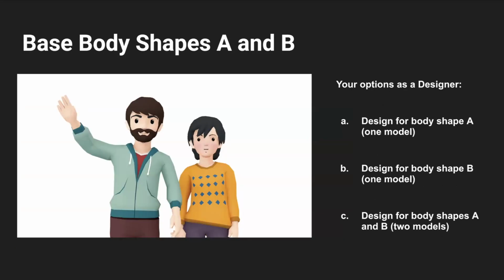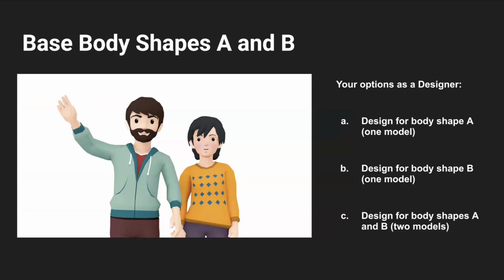So let's have a look at what that means for you as a designer. We talked about how the body works and how it is like different Lego parts that are connected to one another. However, we do have two different body shapes to account for.